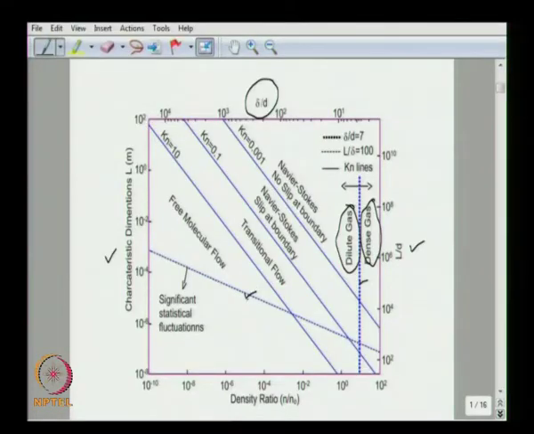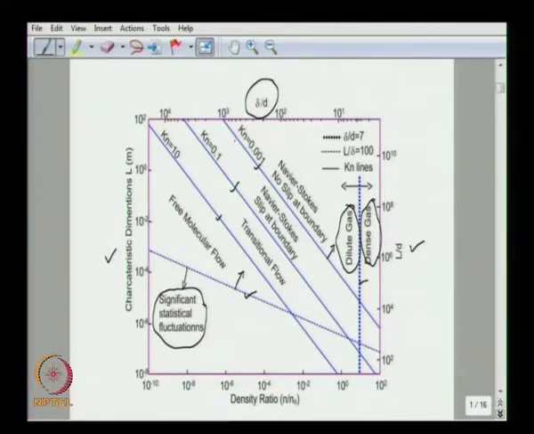So above this dotted line the flow can be treated as continuum, and below this line we consider significant statistical fluctuations. Now if you look at these lines, these are called Knudsen number lines, these 3 lines. Above this line we have the Navier-Stokes equations applicable, and the no slip condition at the boundary can be applied, in which case we have Knudsen number less than 0.001.